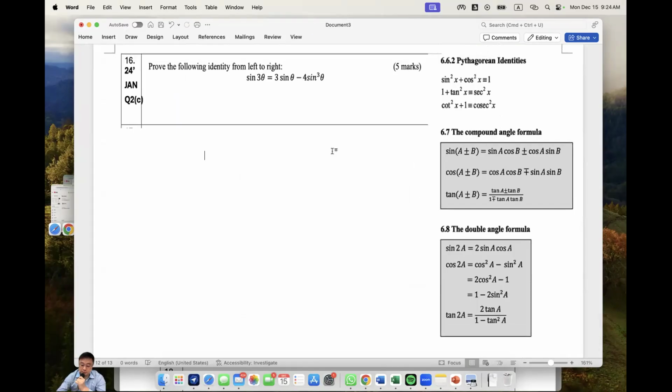Okay, right, let's start. For example, we have sine 3 theta equals 3 sine theta minus 4 sine cube theta. From what we have, the sine 3 theta can be written as what, class?